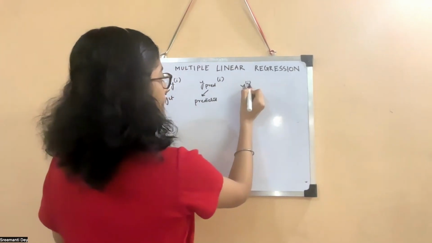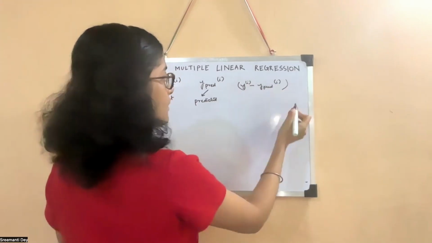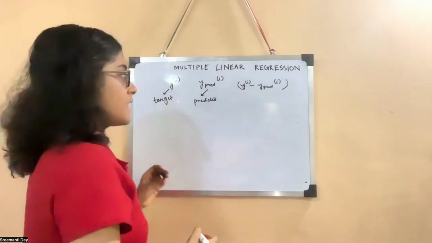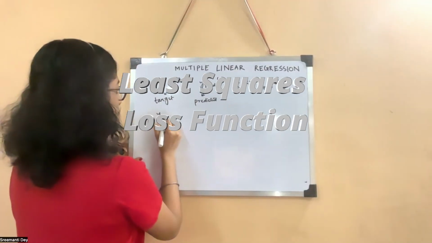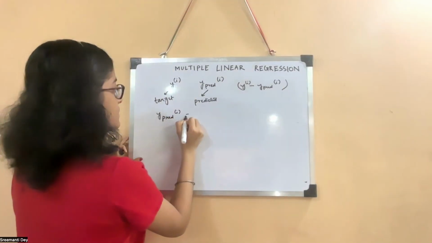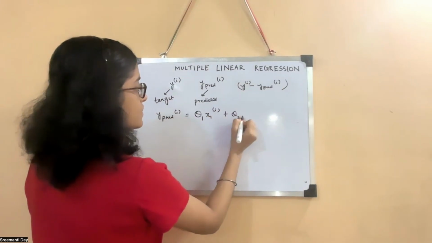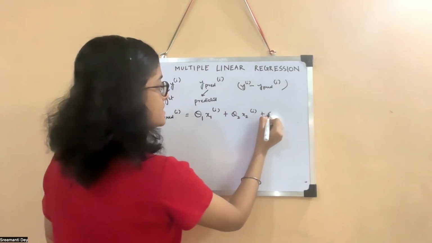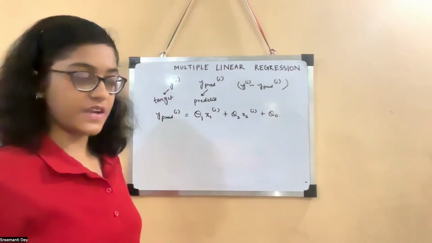So we know that yi minus y predicted i is our loss, and we are using the least squares loss function. So y predicted i, as you just saw, is theta 1 x1 i plus theta 2 x2 i plus theta 0, right? So this is my y predicted value.